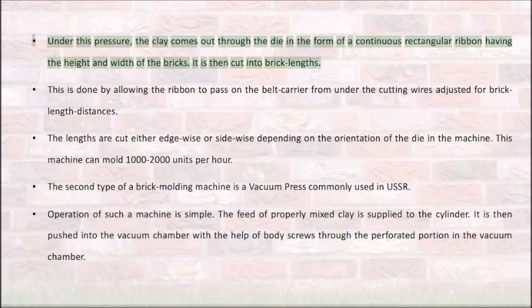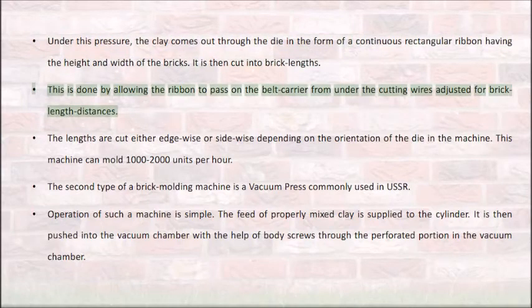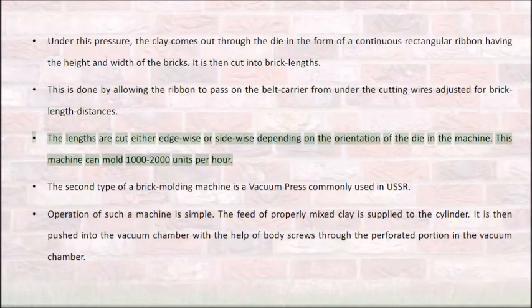It is then cut into brick lengths. This is done by allowing the ribbon to pass on the belt carrier from under the cutting wires adjusted for brick length distances. The lengths are cut either edgewise or sidewise depending on the orientation of the die in the machine. This machine can mold 1,000 to 2,000 units per hour.